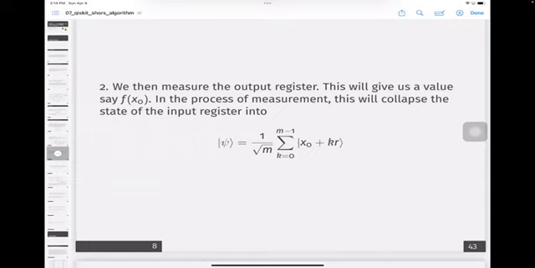Assume that there are m of these states. Let me just explain that further.